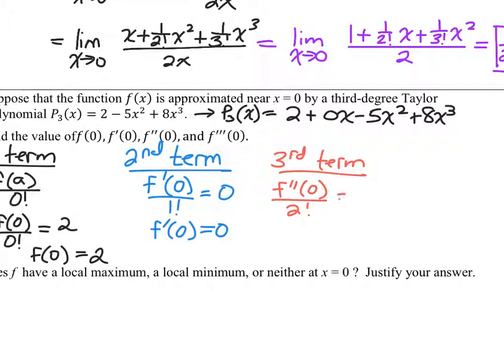That gives us a result of -5, because we're not worried about the variables and the powers, those are accounted for. It's centered around 0, so it's a Maclaurin, and the powers are in ascending order, so there's nothing funky going on there. But when you solve this for f double prime of 0, you get -10.